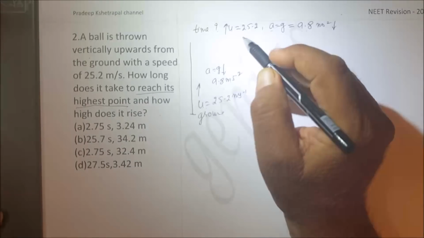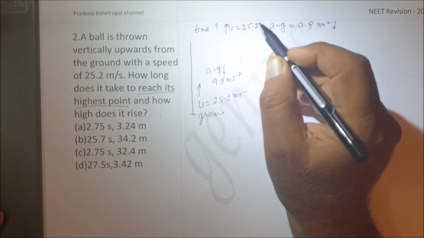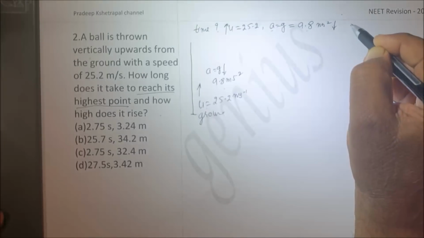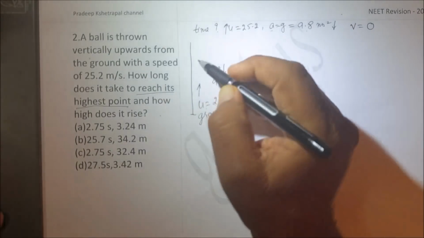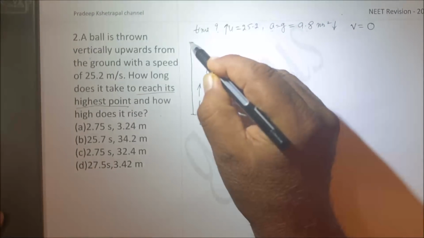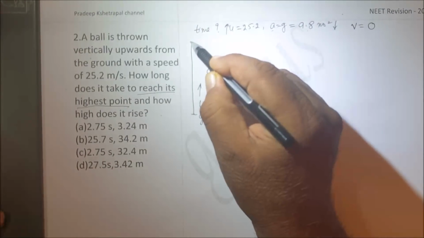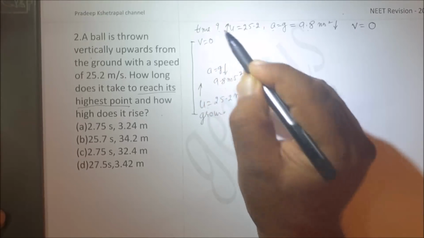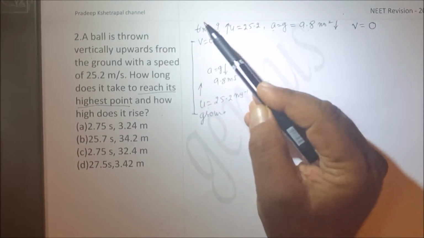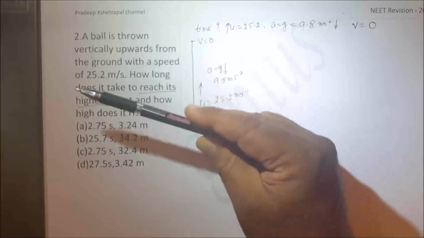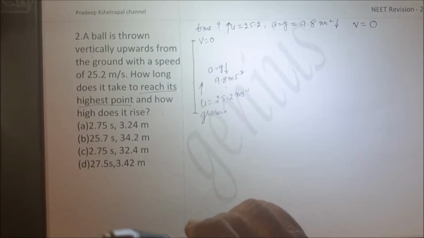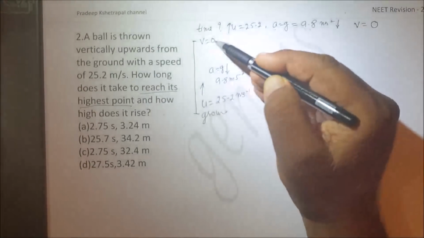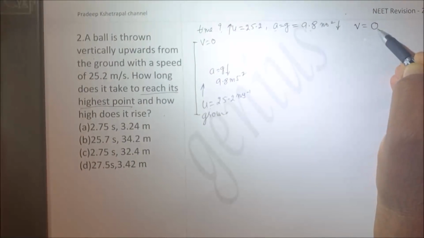Whenever a body reaches its highest point in vertical motion, we have one quantity given, and that quantity is v is equal to 0, because when it reaches there, it has to come back, and there its velocity is 0. So this is hiding behind these words. Whenever an object is thrown up, at the highest point velocity has to be taken as 0.